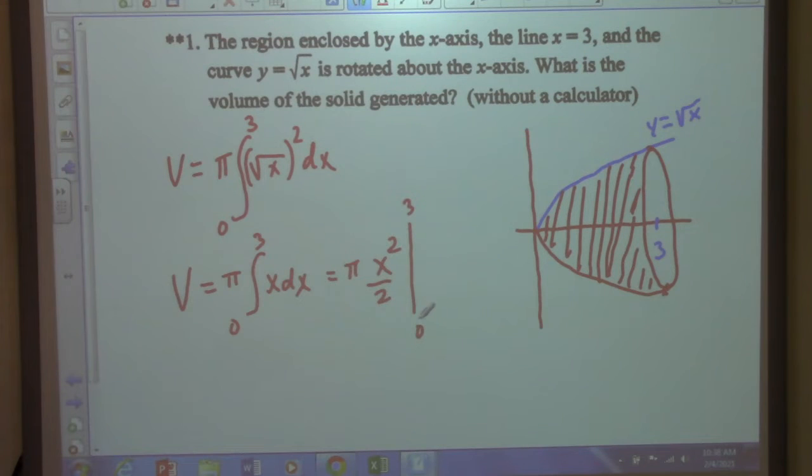And so what we have here is 3 squared, 9 over 2. So we're going to get 9 halves pi, and then we could subtract out 0 times all that, which is going to be 0. So we're really looking at that. 9 halves pi is our answer to that. Okay, that's it.